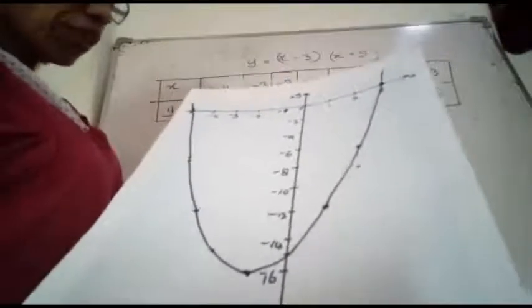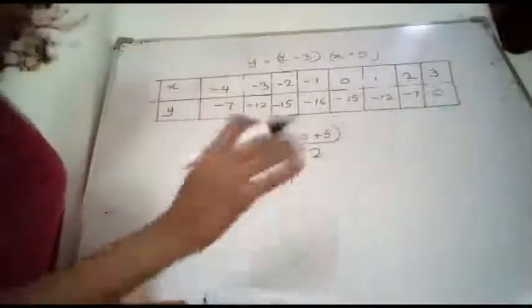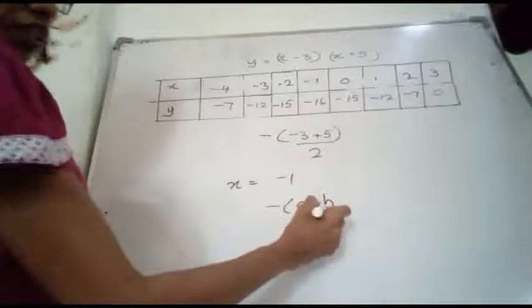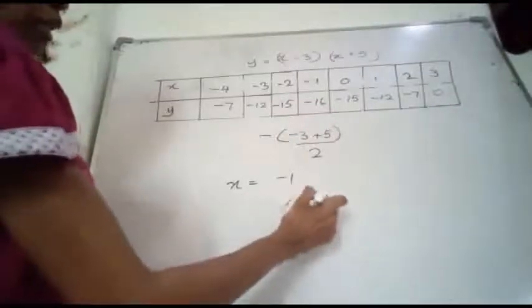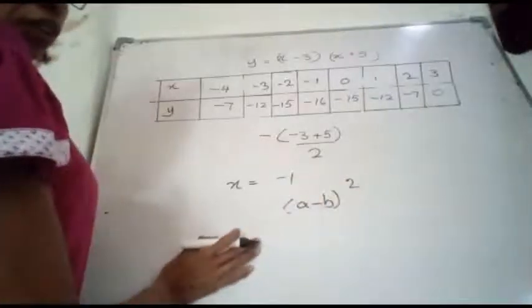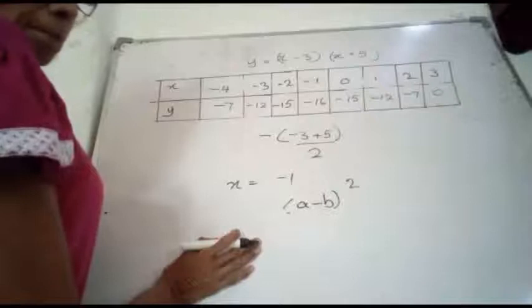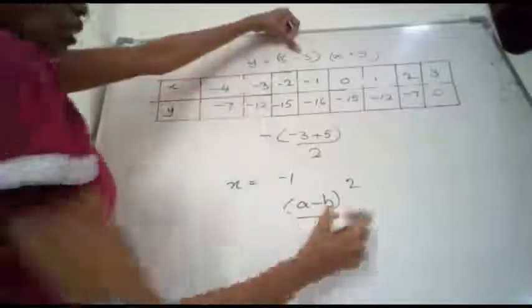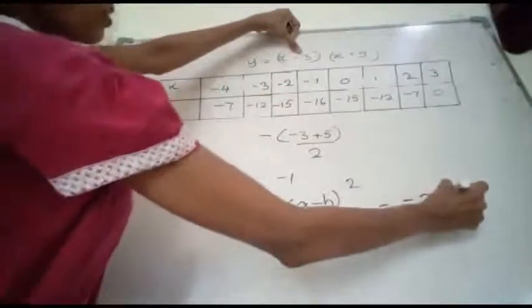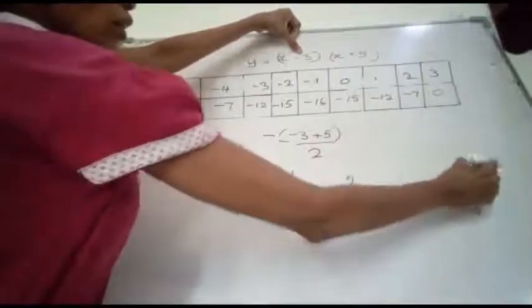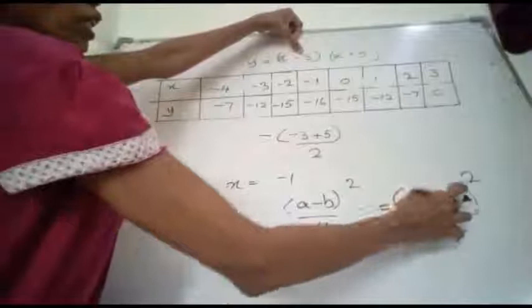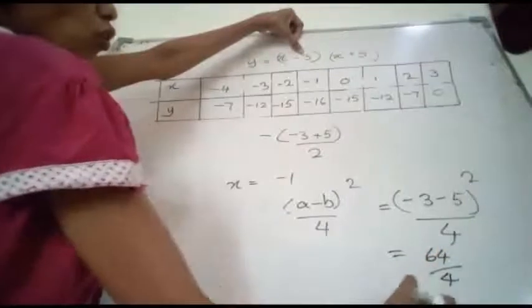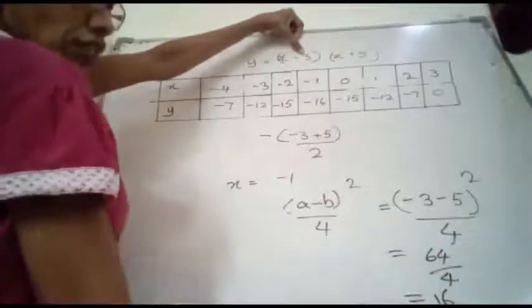It is -(a - b)^2/4. Here a is -3 and b is 5, so -(-3 - 5)^2/4 = -(-8)^2/4 = -64/4.